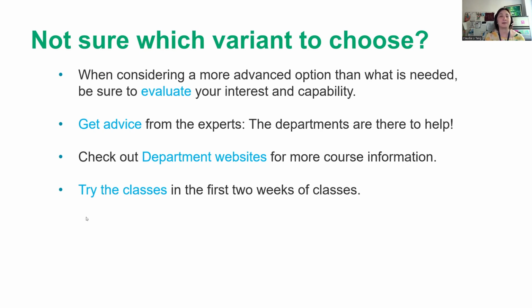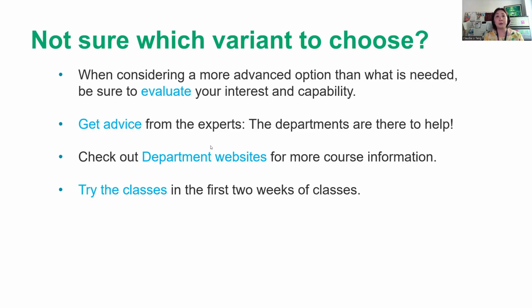And sometimes you'll be surprised. The benefit of taking 151 chemistry, for example, would be that it would be maybe a smaller class, so you may enjoy the subject matter better.